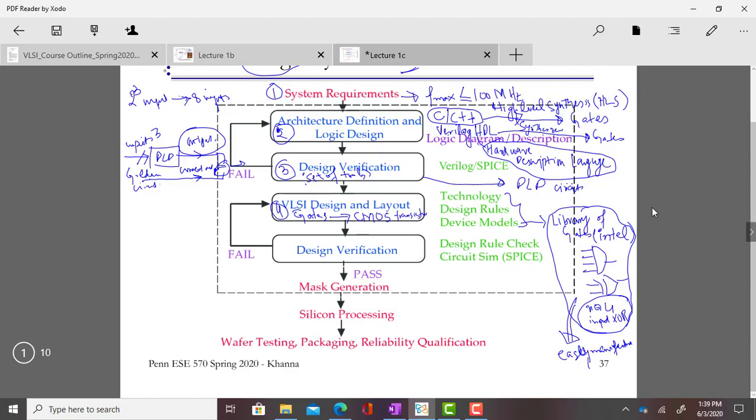So for example, the 4-input XOR gate, maybe they cannot easily manufacture, so they decide not to put it in their library.